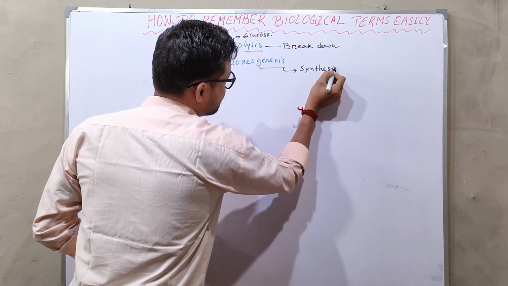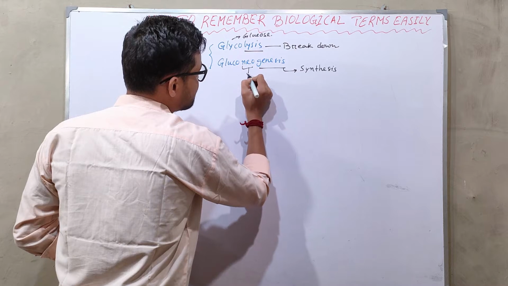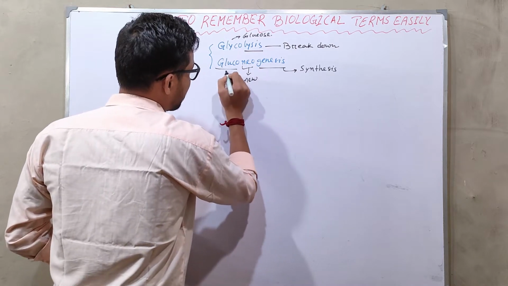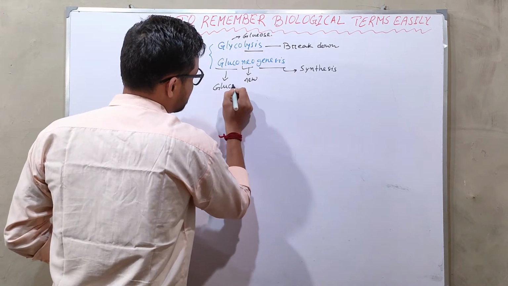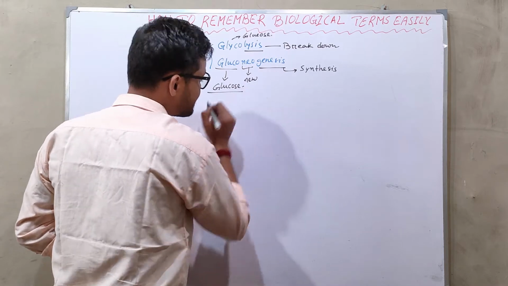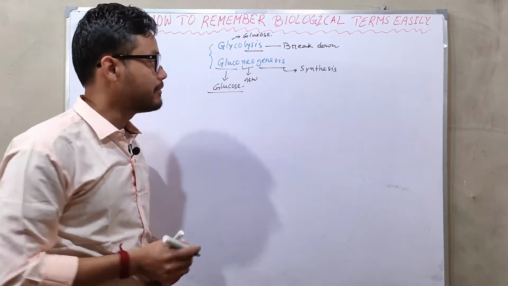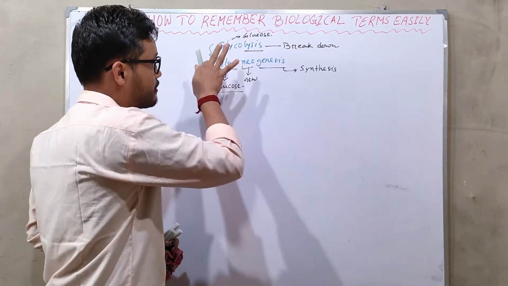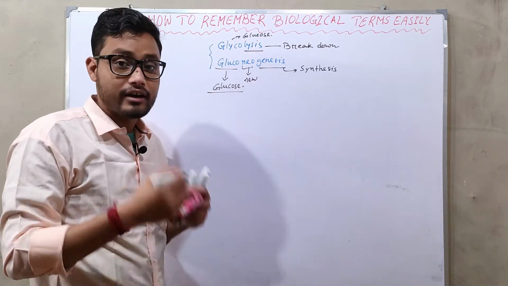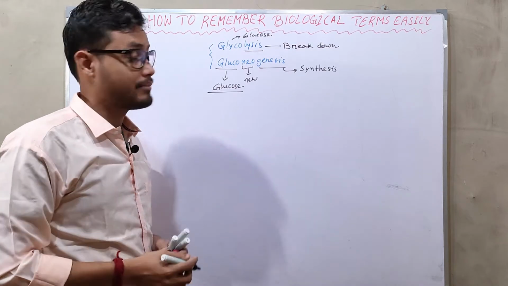Genesis means synthesis, neo means new, and gluco comes from glucose. So basically it is the synthesis process of glucose from new materials or non-carbohydrate materials. If we split the term accordingly, then the term is easy for us to remember.